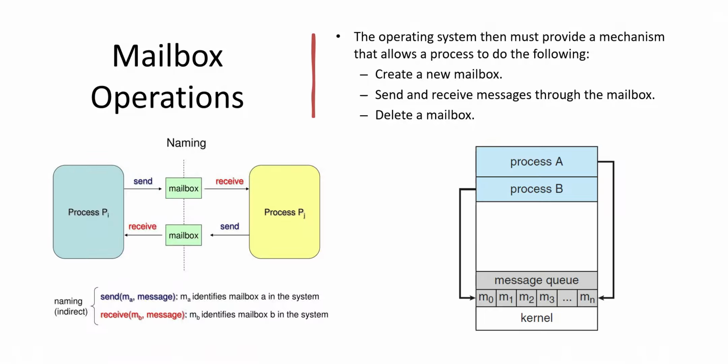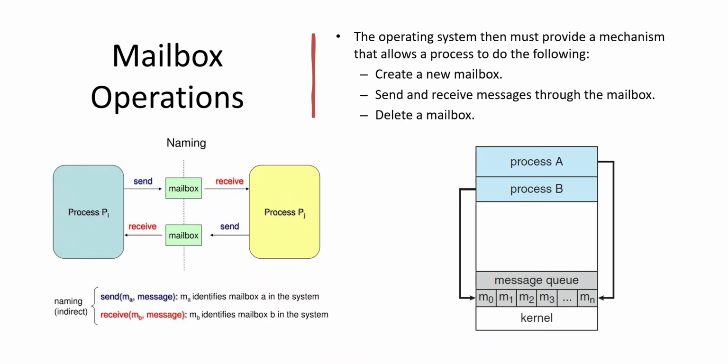In indirect communication, the operating system must provide mechanisms for managing mailboxes. There are three basic operations. First, a process should be able to create a new mailbox. Second, processes should be able to send and receive messages through the mailbox. Third, when the mailbox is no longer required, the operating system should allow the mailbox to be deleted.